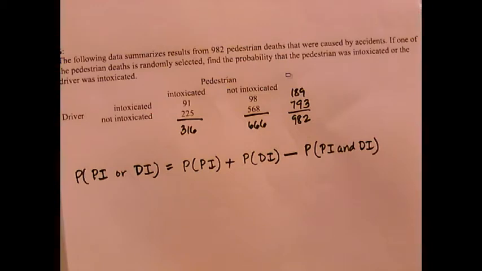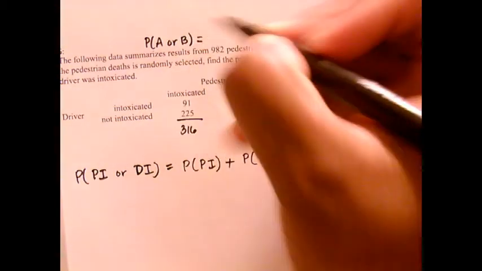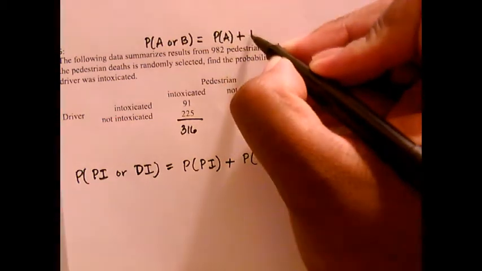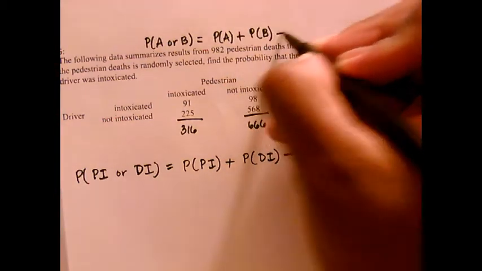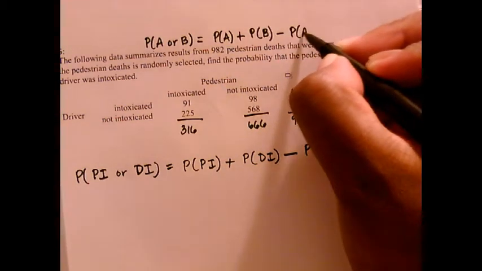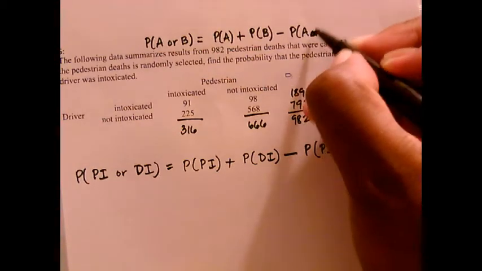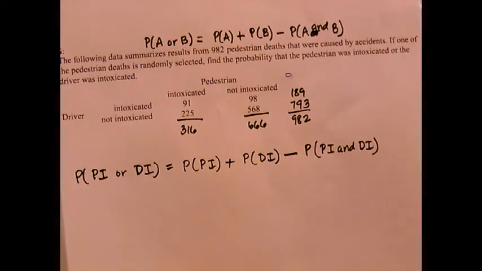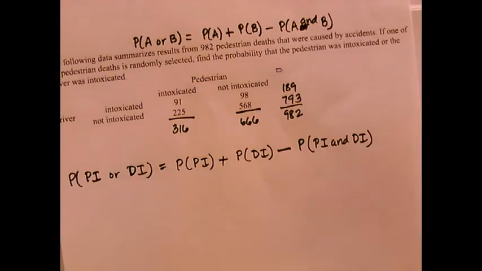So we use that formal addition rule where the probability of A or B is equal to the probability of event A plus the probability of event B, then you subtract off the probability of event A and B.